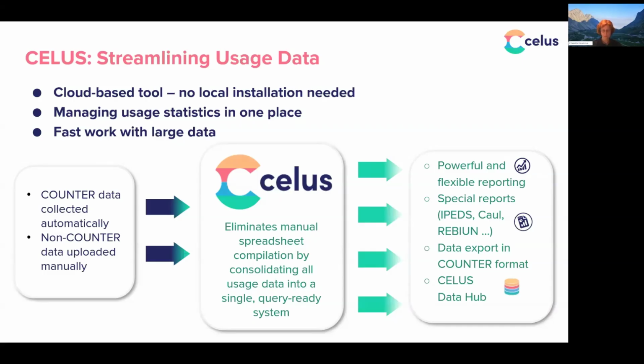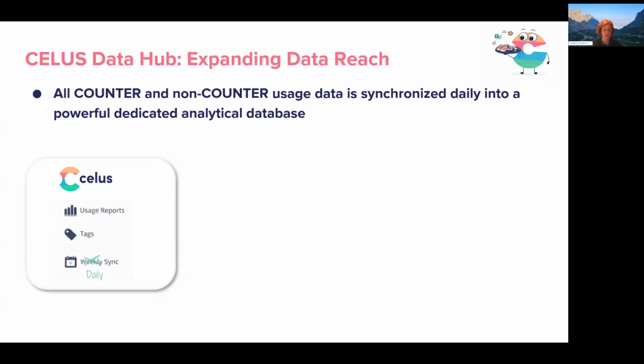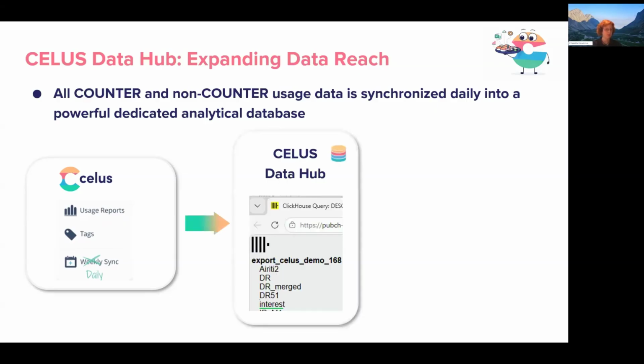And the newest possibility is CELUS Data Hub, which is a whole new universe of how to expand the use of the data which are in CELUS. Because if you have the Data Hub enabled, you can use all your usage reports which you have in CELUS, and also tags are exported into CELUS Data Hub, which is a powerful database in ClickHouse.